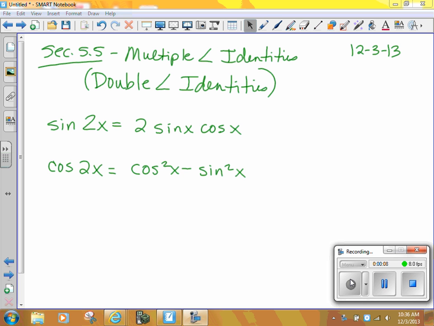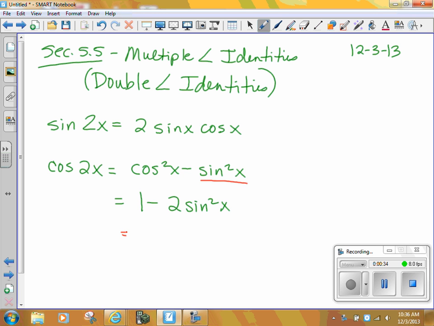I can substitute in here for cosine squared. What is that, y'all? 1 minus sine squared minus sine squared is 1 minus 2 sine squared x. I could also substitute for sine squared. What is sine squared, y'all?